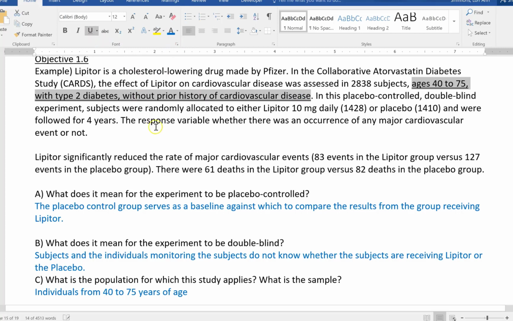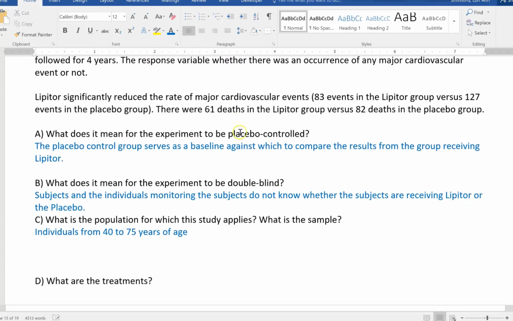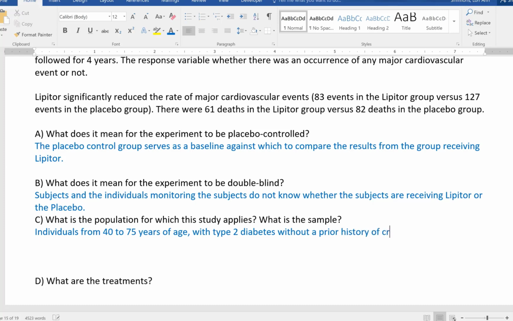So that whole underlined portion is the population. So let's add to that. With type 2 diabetes, without a prior history of cardiovascular disease.